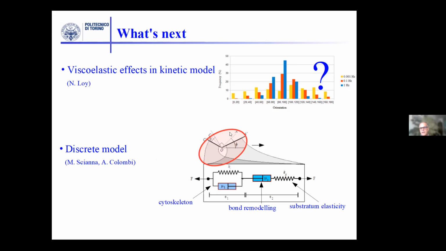We do that by discretizing the cell in a tensegrity way, that is, by elements made of springs and dashpots, and each element describes mechanical characteristics of bond remodeling, elasticity of the substratum, and so on.